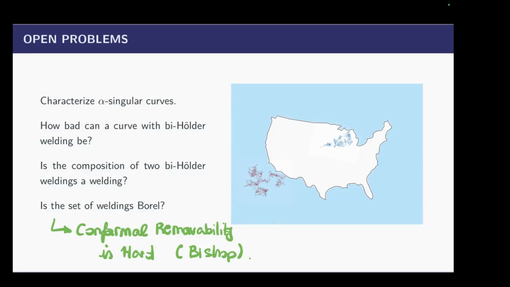And the question is, is this necessary? Can I get the same result with a better behaved class of maps? And if not, how could I do that for bi-Hölder circle homeomorphisms? Or is the composition of two bi-Hölder weldings a welding? So these are some questions that are related to what I talked about today.